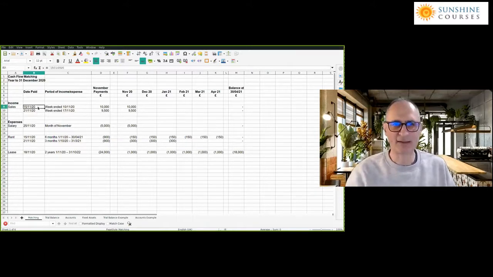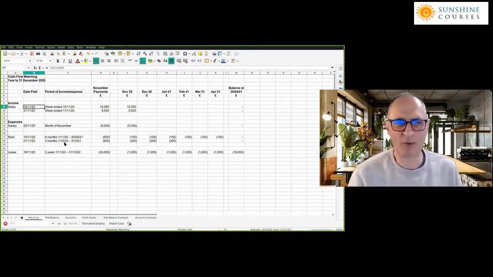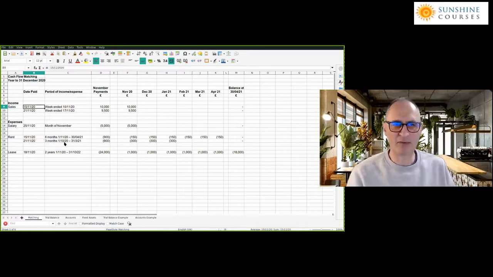So the sales, the first item that we received on the 15th of November, we banked a week's worth of sales. And the sales we banked were for the week ending the 10th of November, 2020. So we paid the money out in November and it related to November.